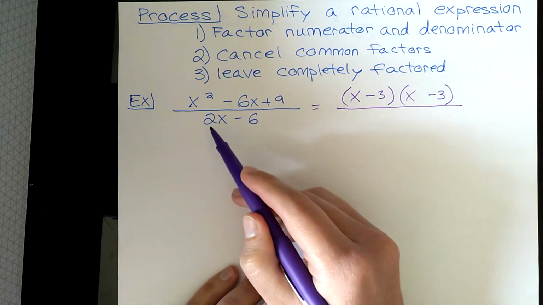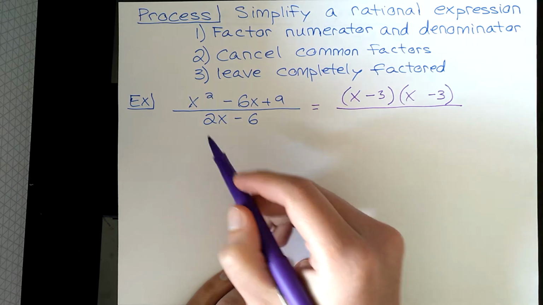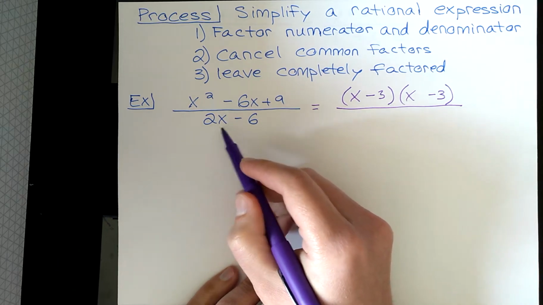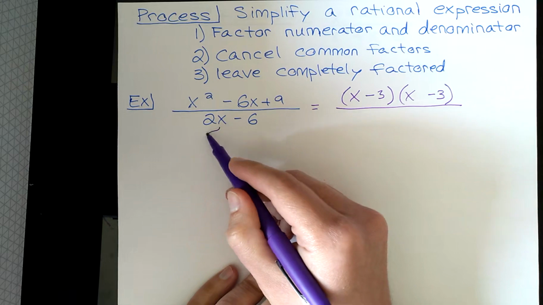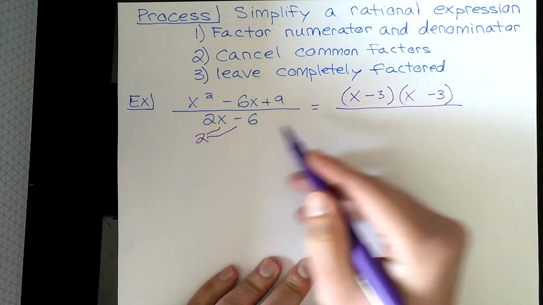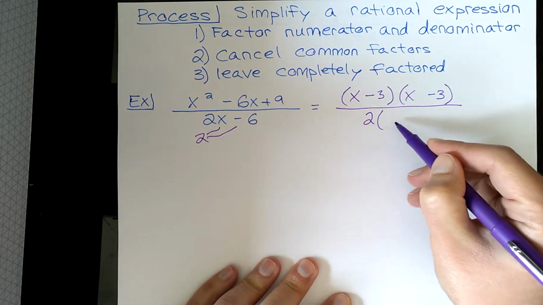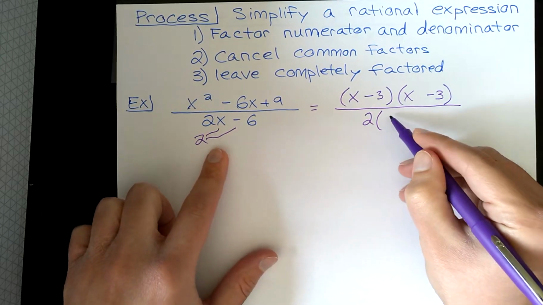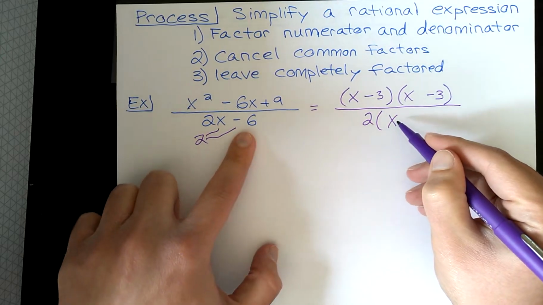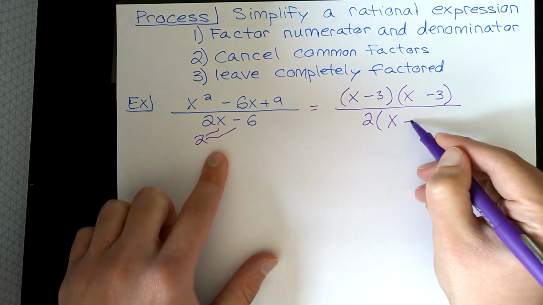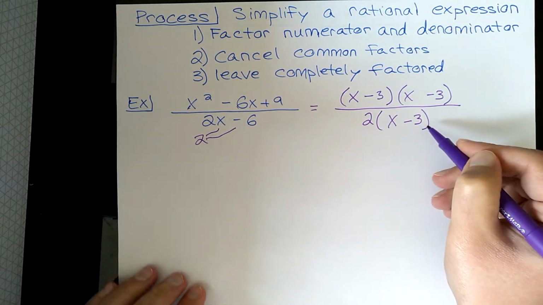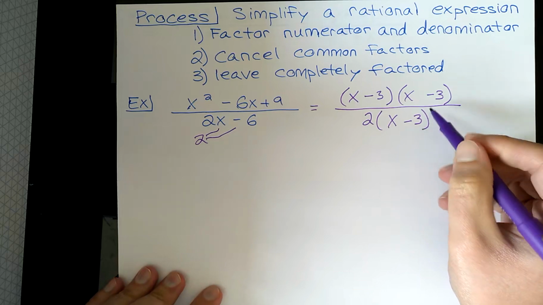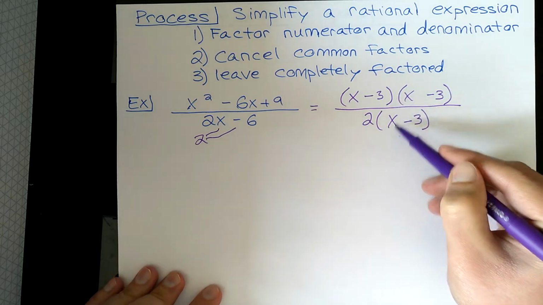So from here, we now have 2x minus 6. To factor this, we have a common 2 between the terms that will factor out, giving us 2 times 2x divided by 2 leaves us with x, and negative 6 divided by 2 gives us minus 3. Now notice we have a common factor in the top and bottom.